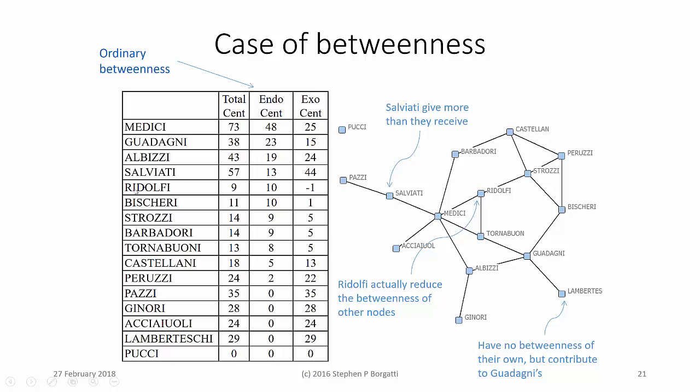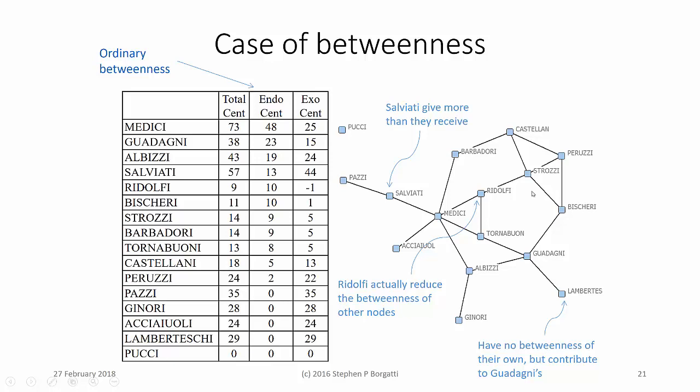And then you get the really cool one, which is Ridolfi. Their actual betweenness is 10. So if we just ordinarily calculate betweenness for Ridolfi, it's 10. If you remove Ridolfi and then recalculate the sum of all betweennesses, the sum is 9. They actually take away betweenness by being there.